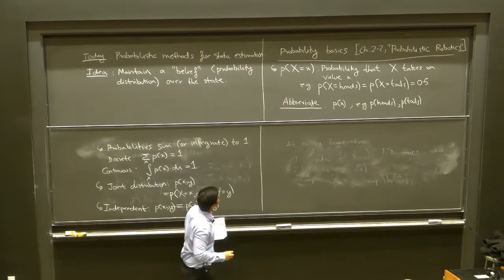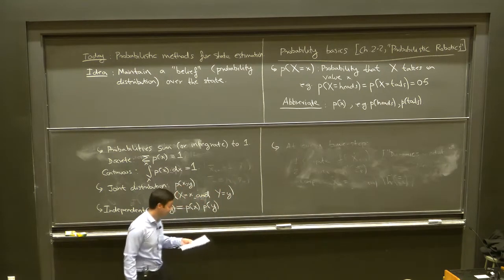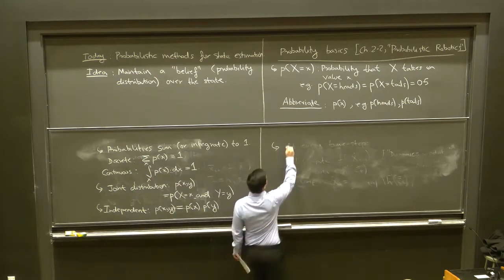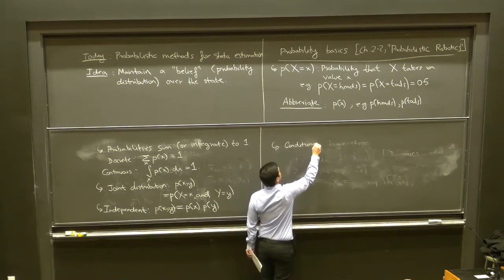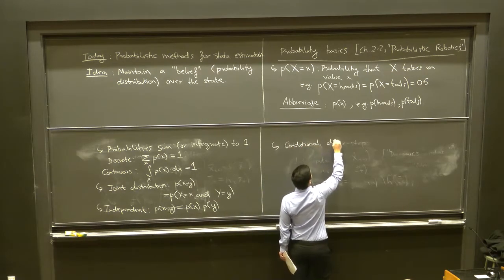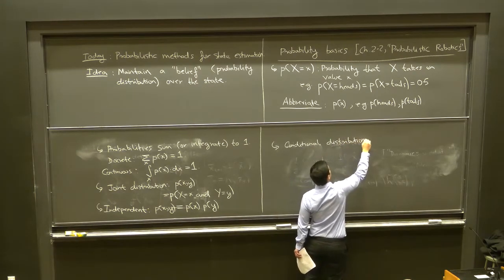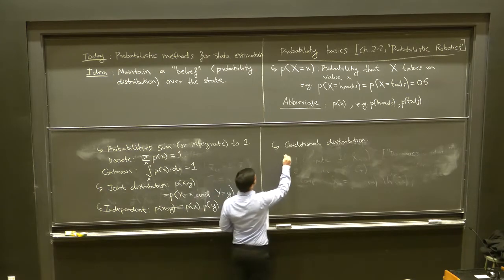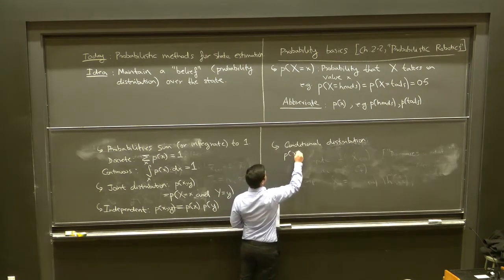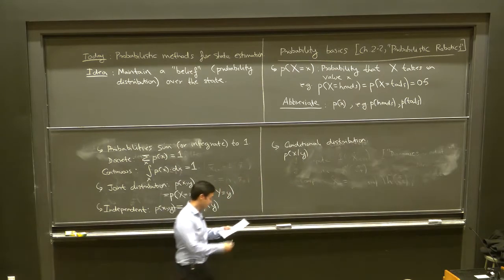All right, the next important concept, which we're going to use quite a bit in today's lecture, is that of a conditional distribution. So we're going to denote this by p of x with a bar, so p of x given y.